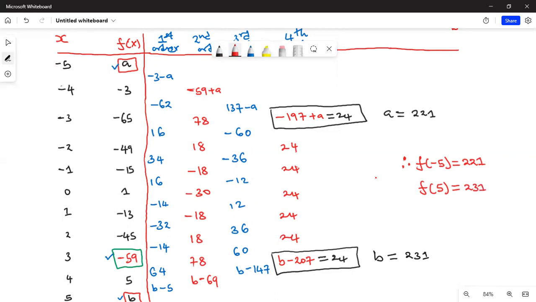So you see the way that is very simple. So we have seen how to detect the error in any given table of data and also to correct that particular error. And going ahead to predict the values of f of x given the x values, just like we have done in this example.